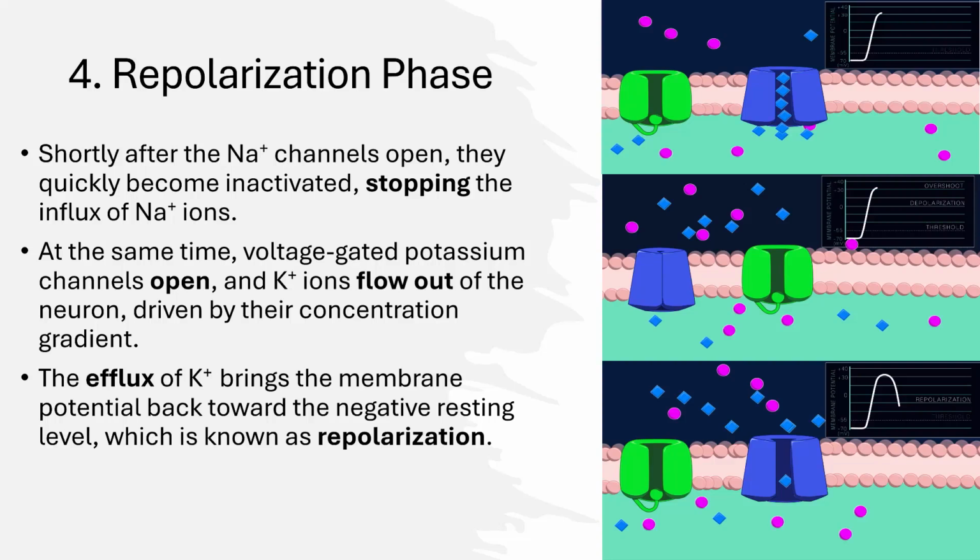So in that phase, we have the efflux of potassium, which brings the membrane potential back toward the negative resting level, which is known as repolarization. So the action potential starts to descend because a lot of potassium, which is positive, goes outside.